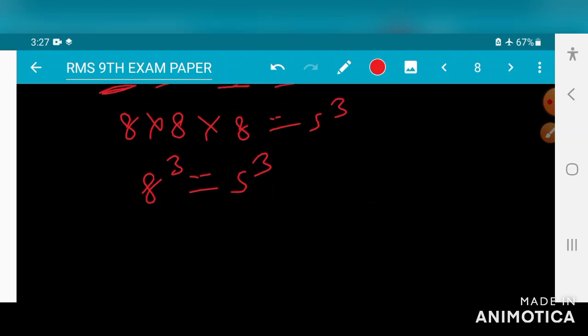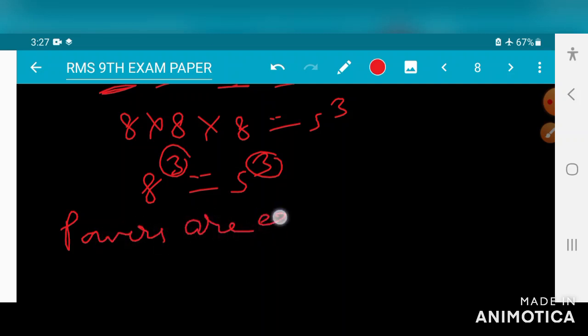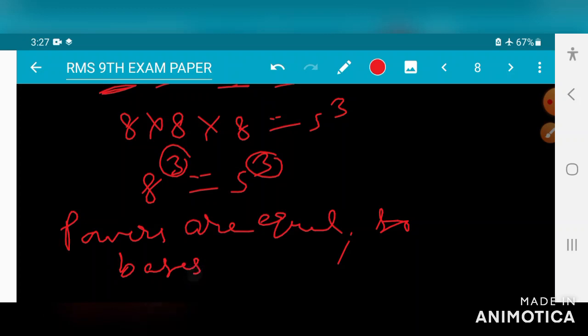We know that when bases are equal, then the powers are also equal. Here the powers are equal, so the bases are also equal.